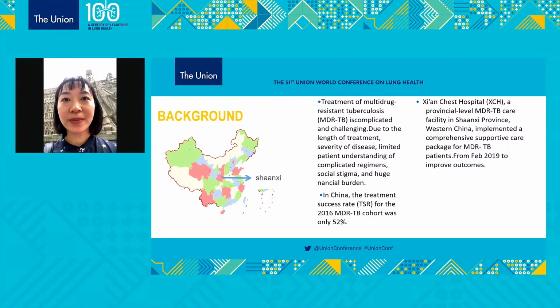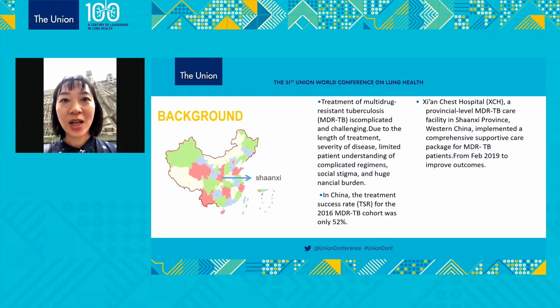Background. Treatment of multi-drug resistant tuberculosis is complicated and challenging due to the length of the treatment, severity of disease, limited patient understanding of complicated regimens, social stigma, and huge financial burden.